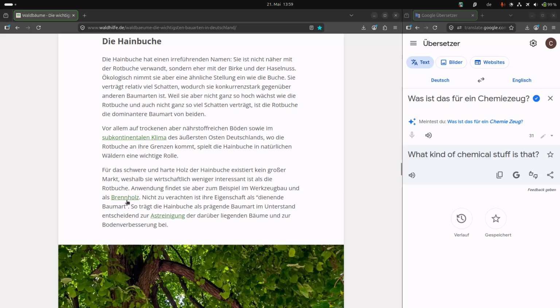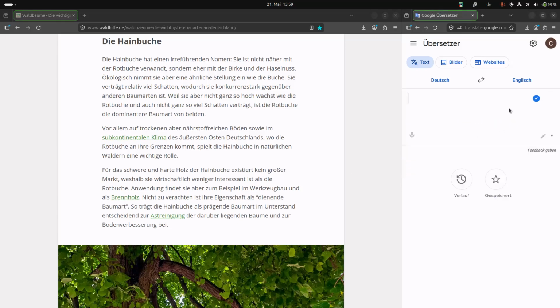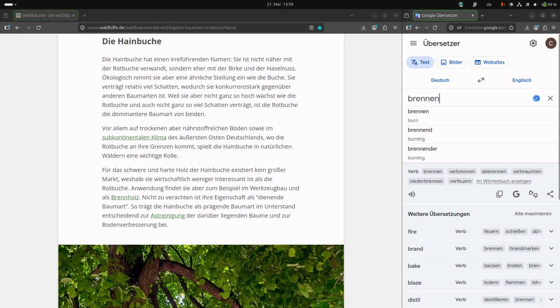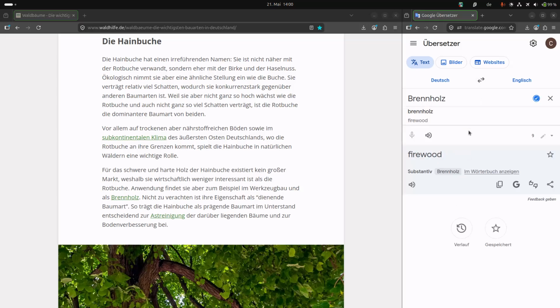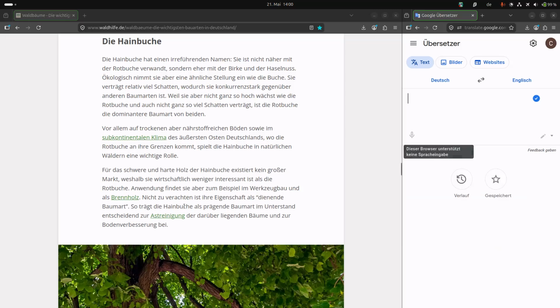Werkzeugbau. Und als Brennholz. And Brennholz derives from the word brennen, to burn. Brennholz, burning wood, you could say. Firewood, yeah. So, Anwendung, application: it finds application, for example, in the building of working tools.